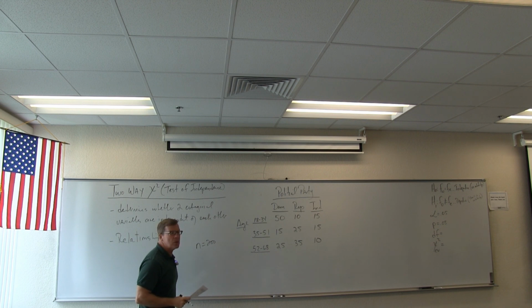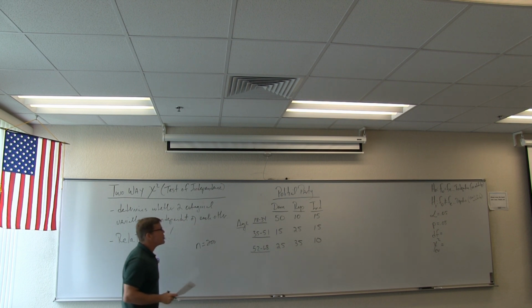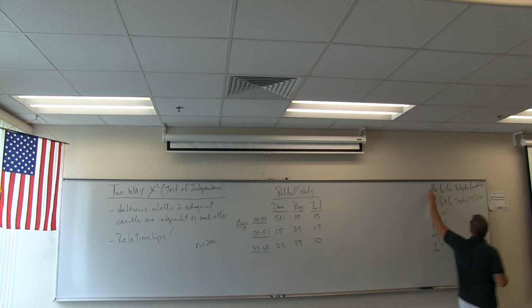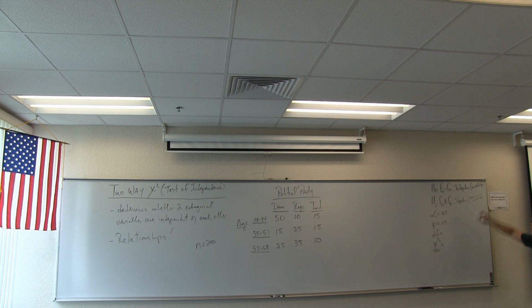Is political party preference dependent on age? I don't know. We have this two-way chi-square that helps us answer that question. We have a null hypothesis that states that there's no relationship between categories. An alternative hypothesis that says that there is a relationship. We'll set alpha at 0.05, and we know that before we run any statistical test, p equals alpha.